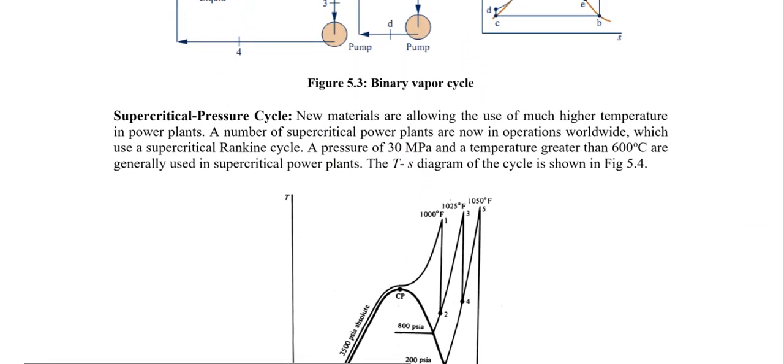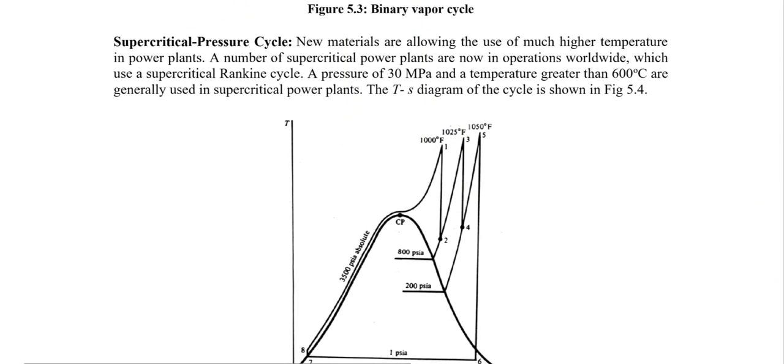Then moving to another cycle, which we call the supercritical pressure cycle. We have already discussed in our first class that the Rankine cycle works between two pressures: the boiler pressure and the condenser pressure.